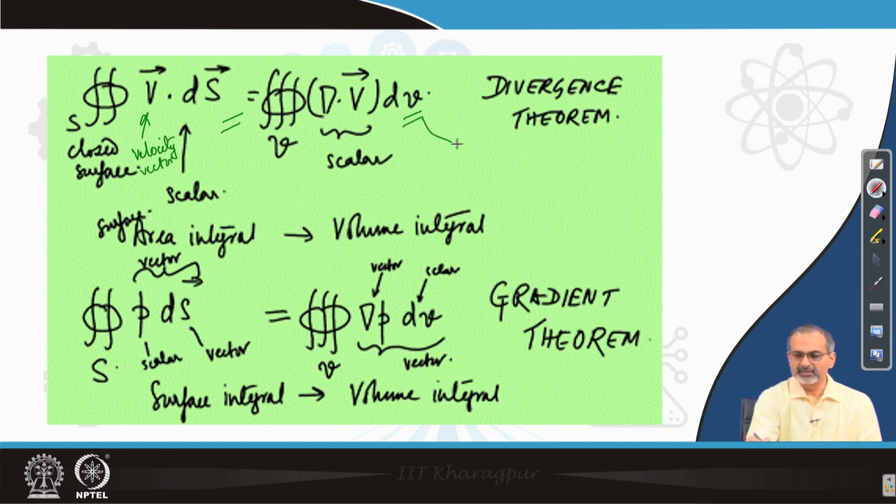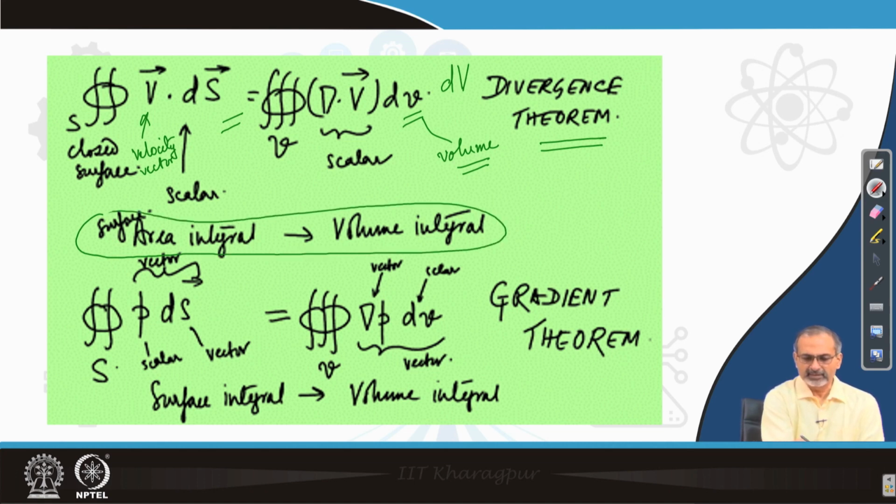The lowercase v has been used for indicating the volume, but again there could be equations where this dV is written as d capital V, and you have to interpret it as volume and not as a vector velocity. So, this is a very important theorem again connecting surface area integral with a volume integral.